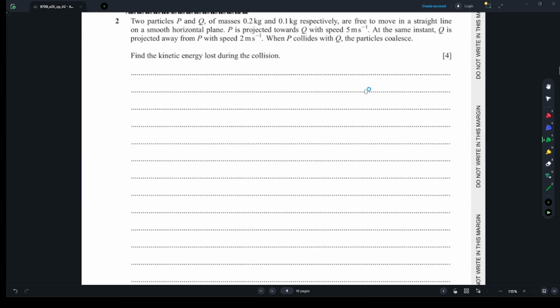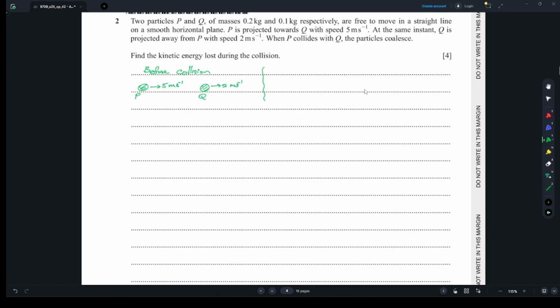Let's make a sketch. Before collision, we have particle P moving with a speed of 5 meters per second, and particle Q moving with a speed of 2 meters per second.